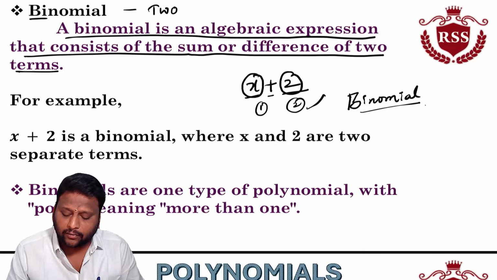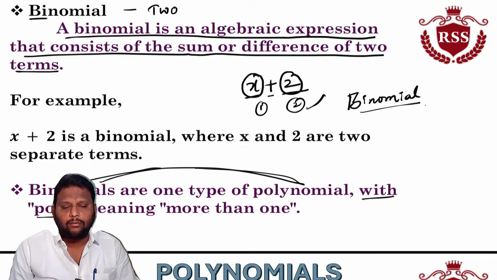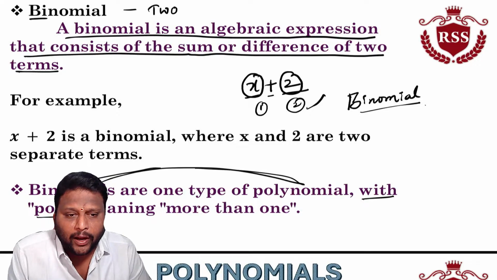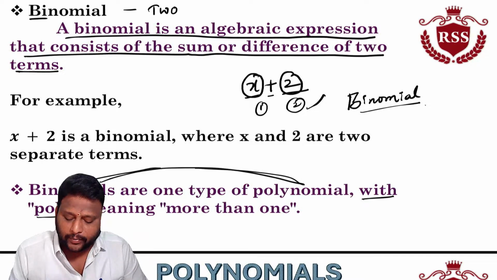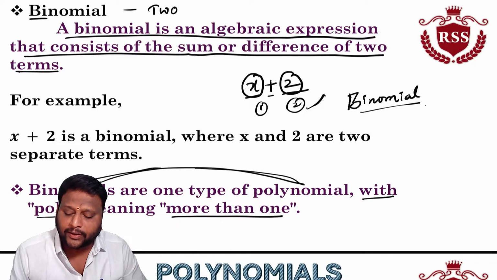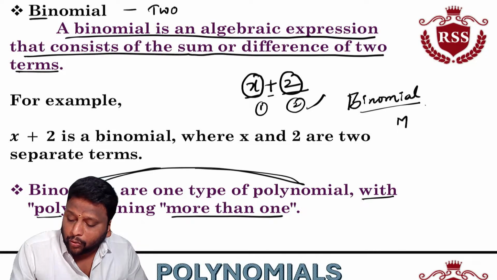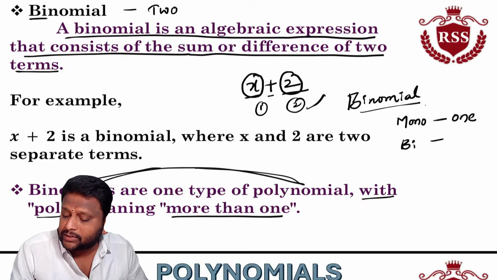Binomials are one type of polynomials. Poly means more than one. You need to remember these words. Mono means one. Bi means two.